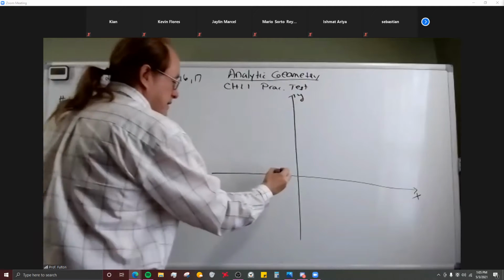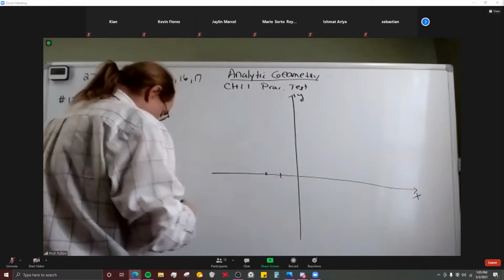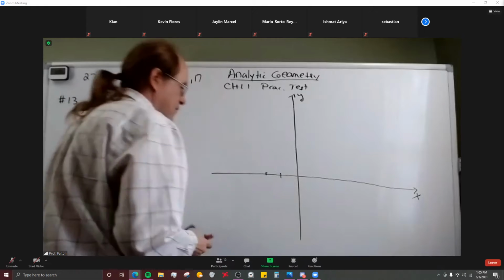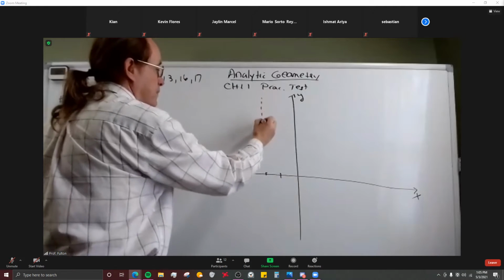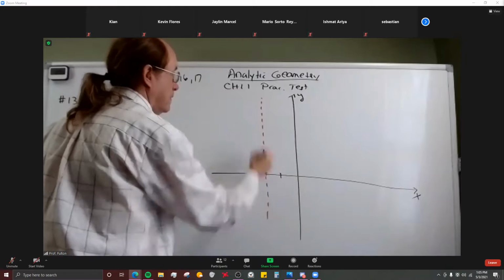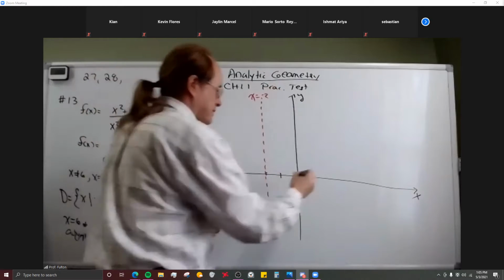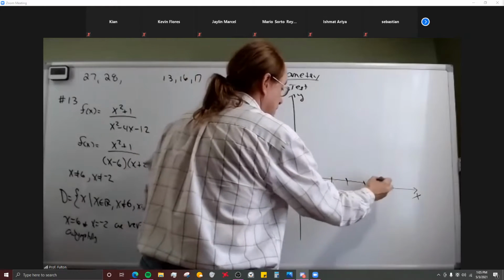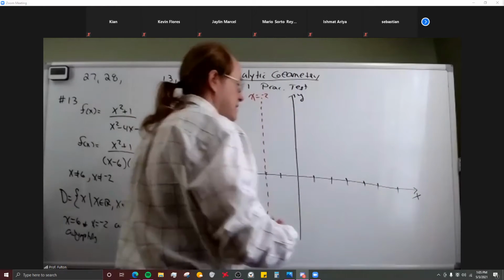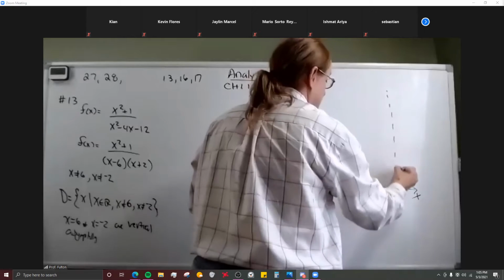So I go over here at -2 and I draw a vertical asymptote. I go over here at positive 6 and I draw another vertical asymptote.